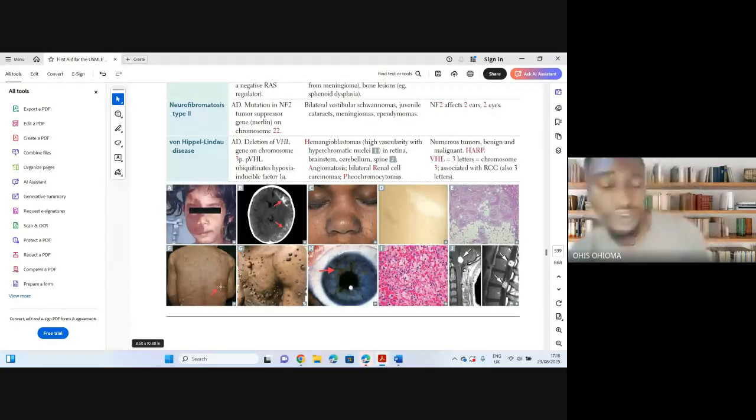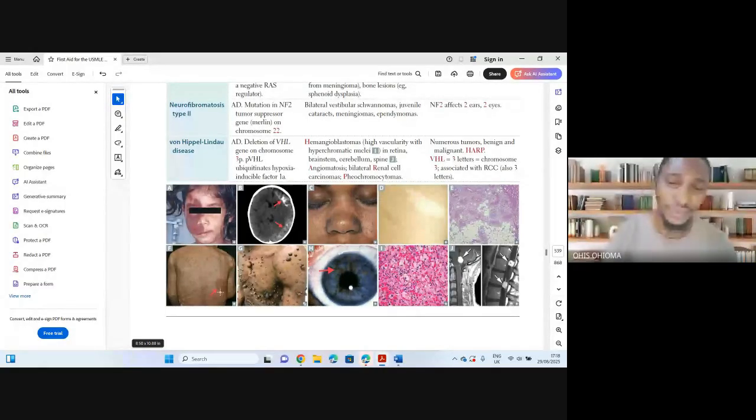Yeah, this is the hemangioblastomas. You can see these red blood vessels. They are most commonly found in the retina. That's where you see this.